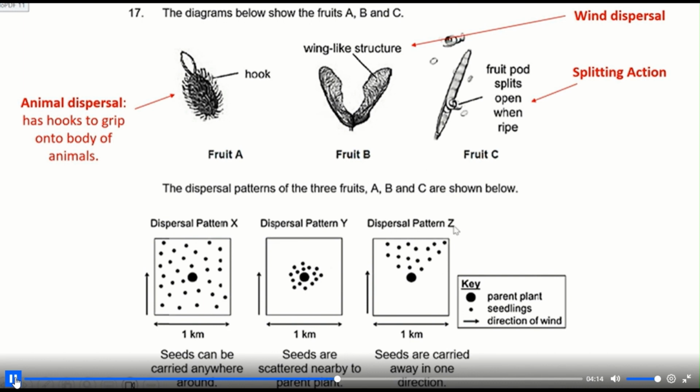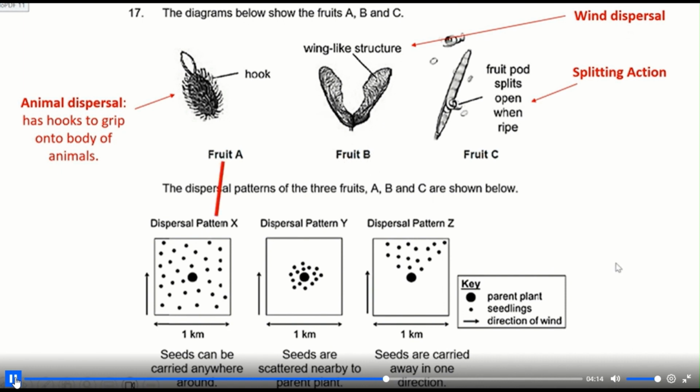As for dispersal pattern Z, we see that the seeds are carried away all in one direction, in the direction of the wind. So the wind blows in this direction, the seedlings will be carried in this direction. So dispersal pattern Z most likely is carried by wind, so wind dispersal will be under fruit B.